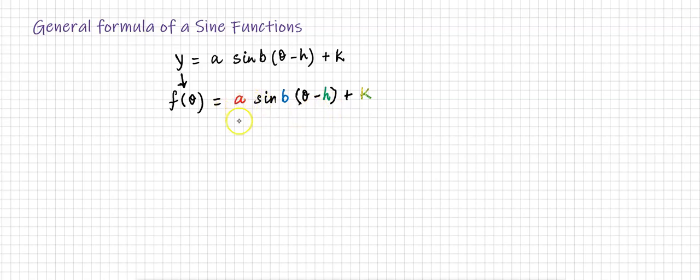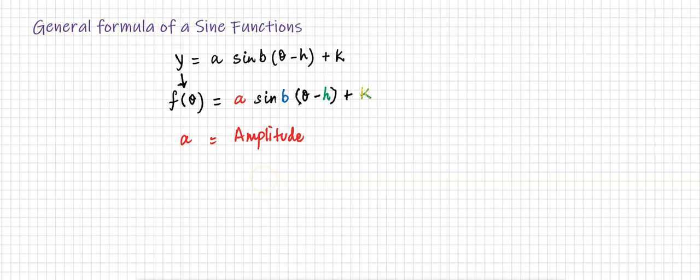This a is the amplitude of the sine function. Amplitude means how much above the midline and how much below the midline the function will oscillate. That's the value of a.